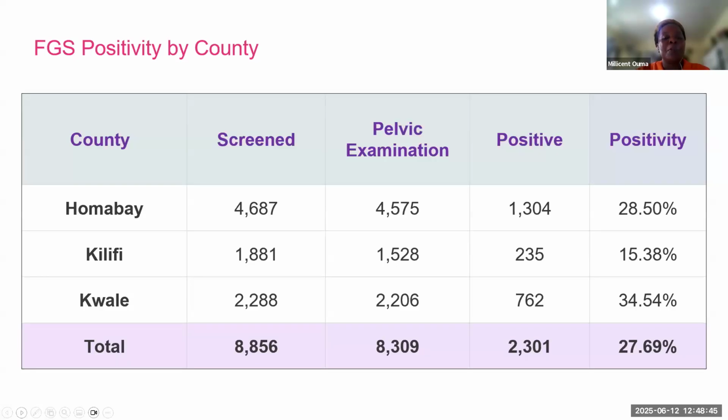For Homa Bay, the positivity rate was 28.5%, Kilifi was 15%, and Kwale we had 34%. So in terms of the leading counties, Kwale had 34, followed by Homa Bay, and then lastly Kilifi. Though we have also mentioned the number of facilities which were participating, so it can make sense to someone analyzing it keenly. Next slide.